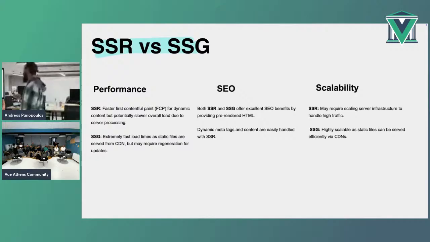Regarding SEO, both techniques provide excellent SEO benefits, as both provide a rendered page, so search engine crawlers can crawl our site and do their magic ranking our page. And of course, by using server-side rendering, we can have dynamic meta tags. Depending on our project, we may or may not need that, but it is a good addition.